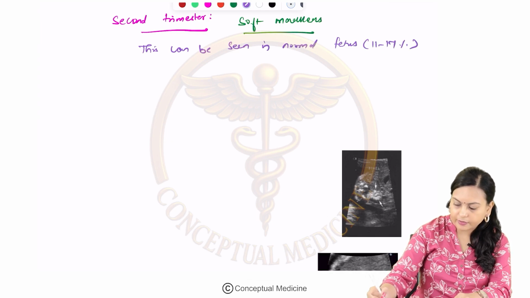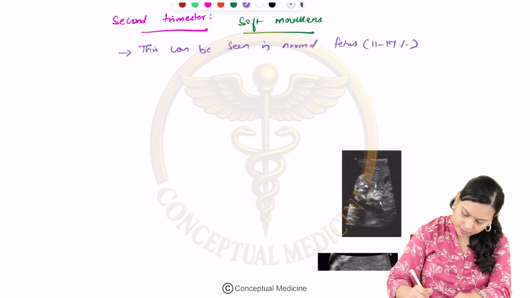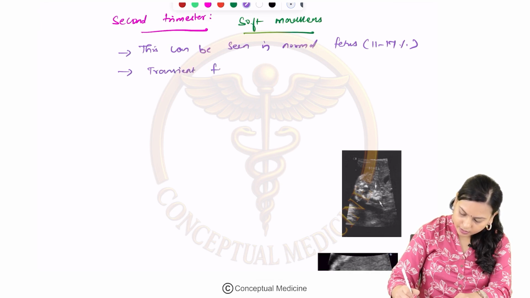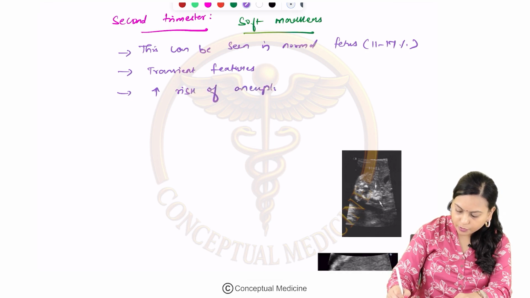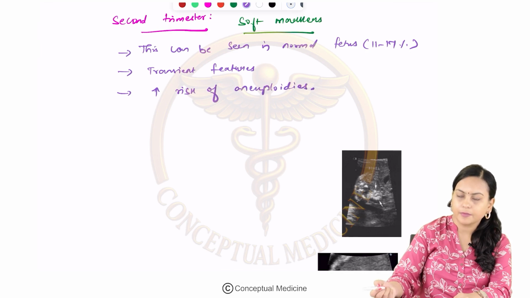About 11 to 17% of the normal fetuses, and these are usually transient features that may go off during the later gestational period, and there is an increased risk of aneuploidies. So, further testing may be needed.